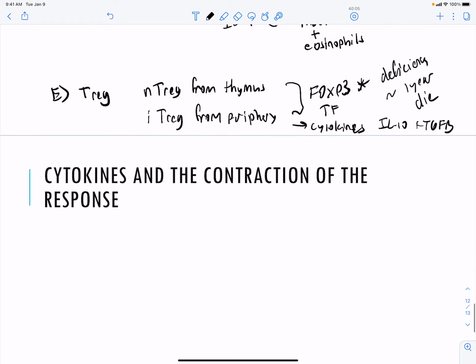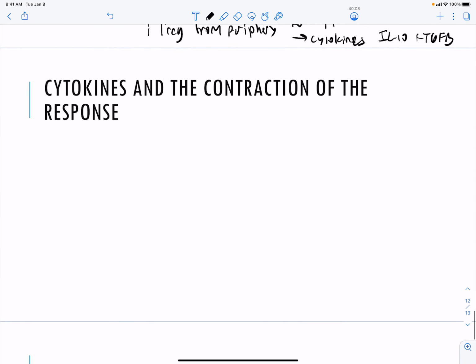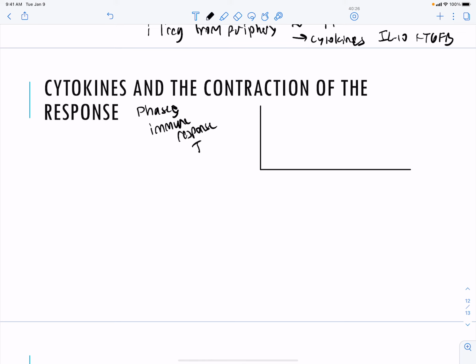Okay, so now let's talk a little bit about contraction. So again, in an immune response, these are our phases. And we'll say T cells. Okay, so our phases of T cells are going to be activation, expansion, contraction, and then memory.